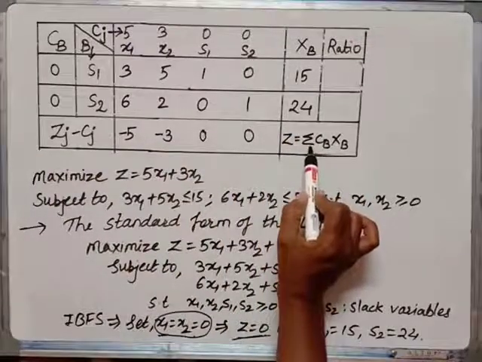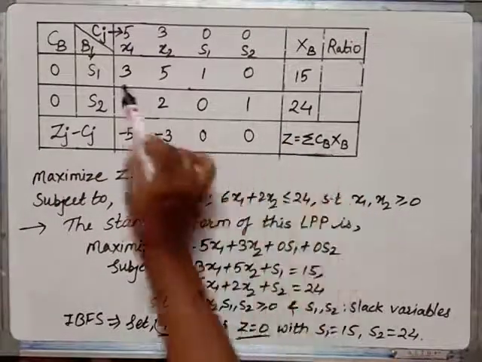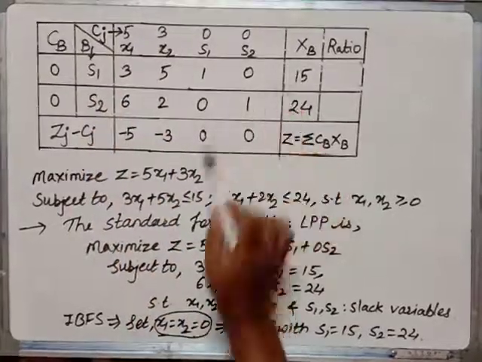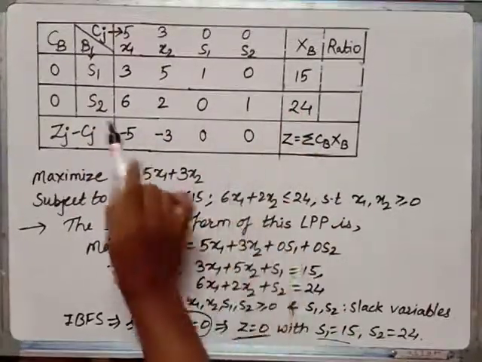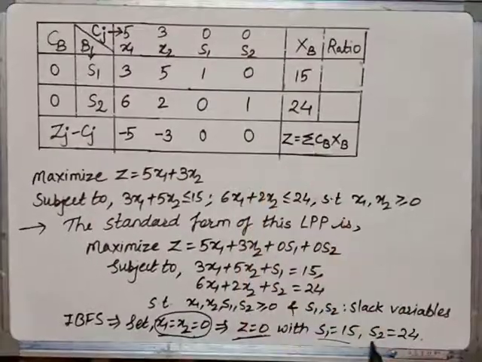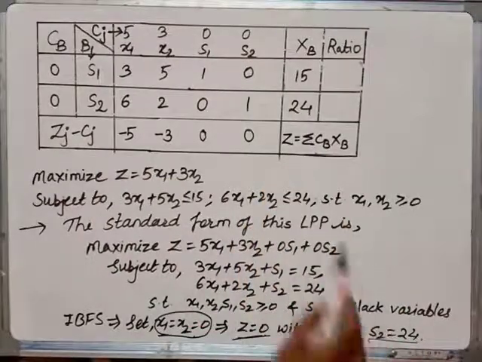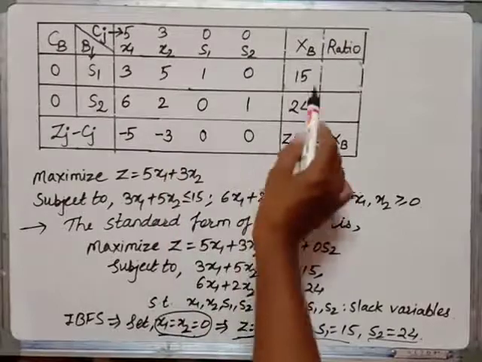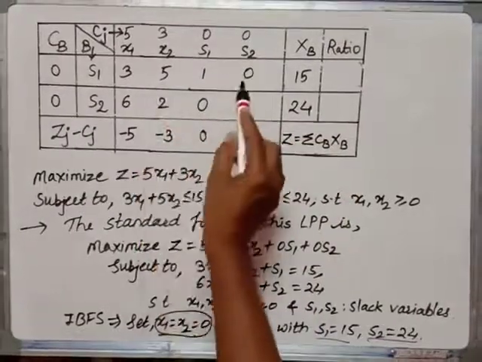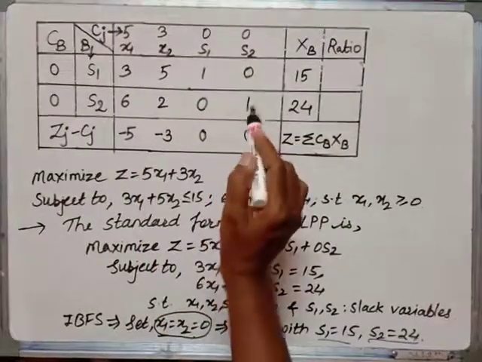Here we have to do its summation. That is our value of z. s1 is equal to 15. Look at here. s2 equal to 24. The same thing we are summarizing here in this initial simplex table.